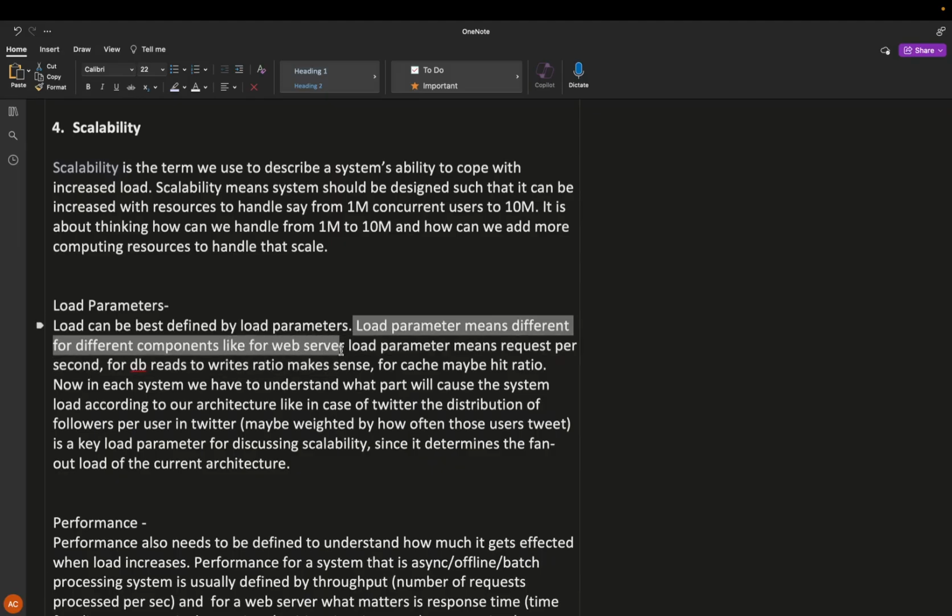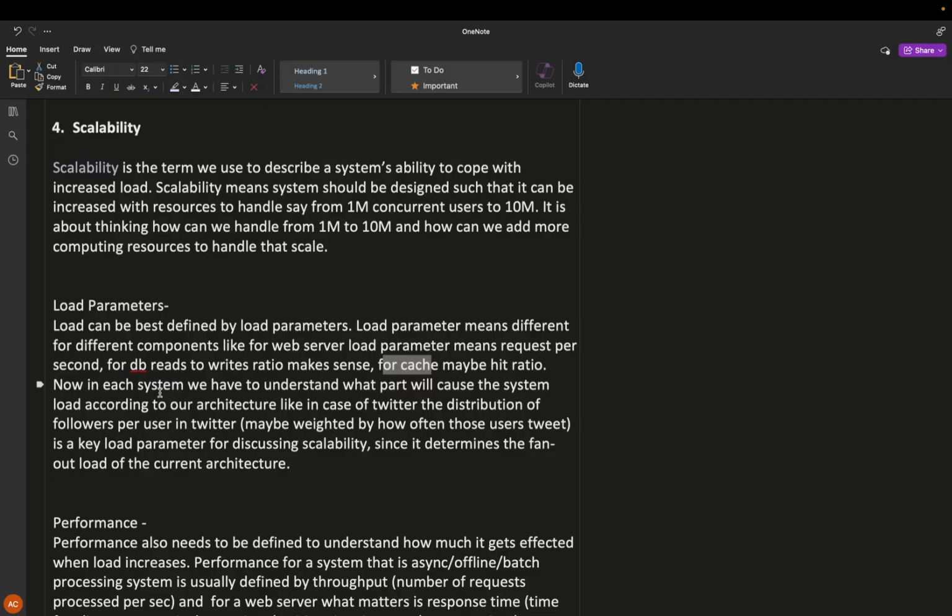For a web server, it means requests per second, right? For a DB, maybe the read to write ratio makes sense as a load parameter. For a cache, maybe the hit ratio makes sense, right?